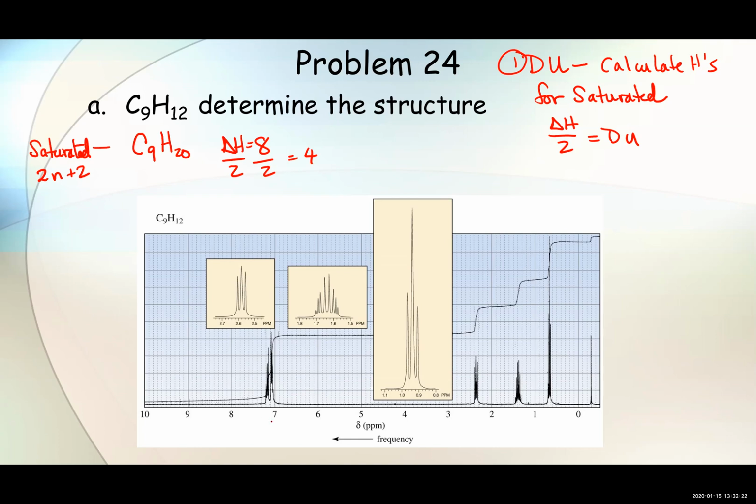You see the signal here? What does that mean? Benzene ring. And a benzene ring, oddly enough, has 3 double bonds, and it's a ring because it's a benzene ring. That's 4 degrees of unsaturation.